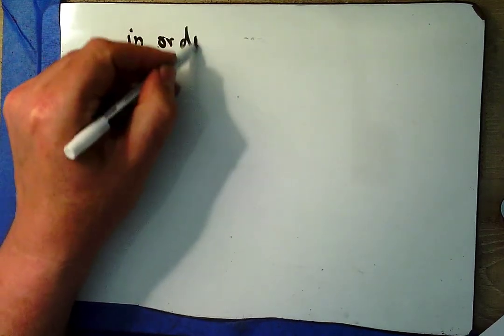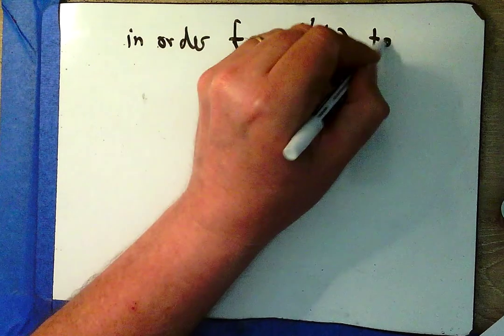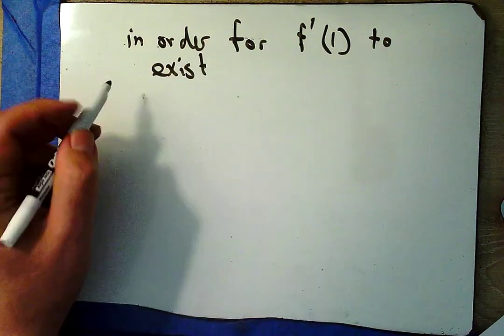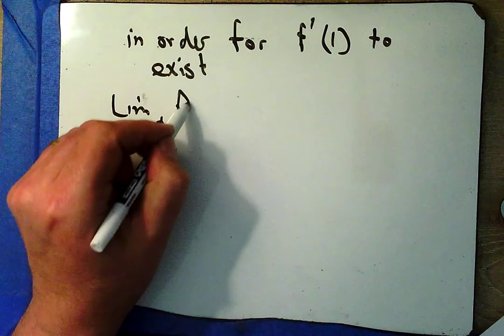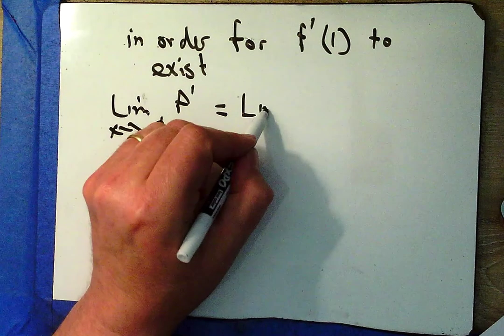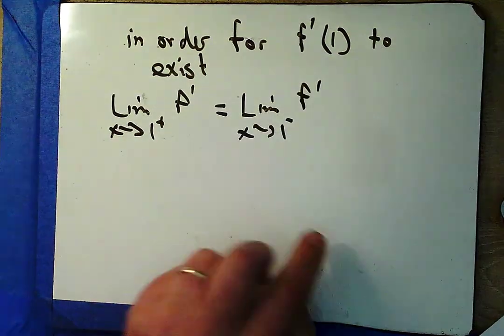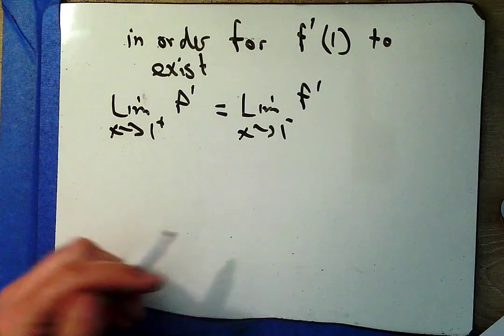In order for f prime of 1 to exist, we need 2 things. We need the limit as x approaches 1 from the positive of f prime to equal the limit as x approaches 1 from the negative of f prime. We need the limit of the slopes to be the same, and in this problem, that was true.